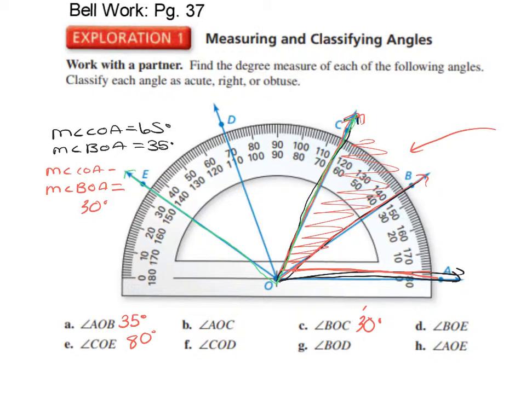So for E, you can look at that as a subtraction problem. I looked at it as the measure of angle EOA minus the measure of angle COA. So I took the measure of angle EOA, and I subtracted the measure of angle COA, and I got the measure of angle COE.